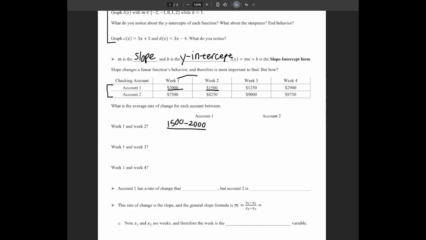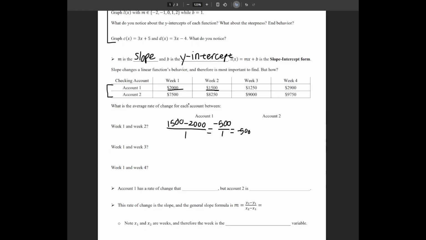In this case, we've gone 1 week, so we'll divide by 1. We end up with negative 500 divided by 1, or just negative 500. That is our rate of change.